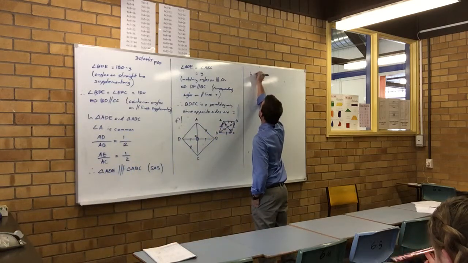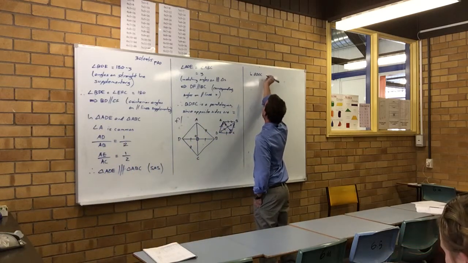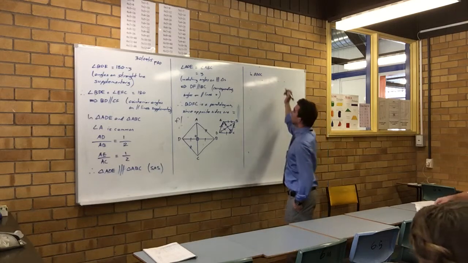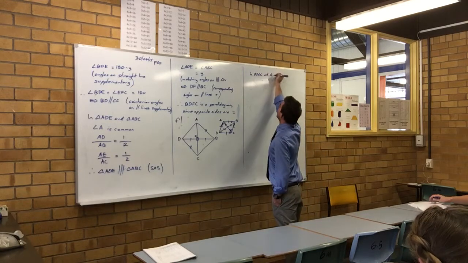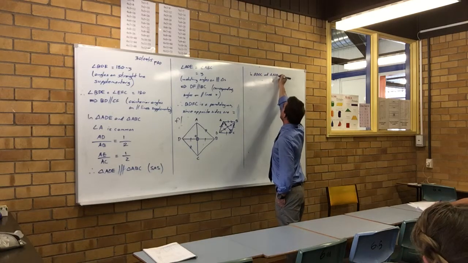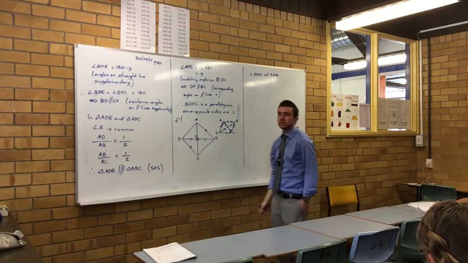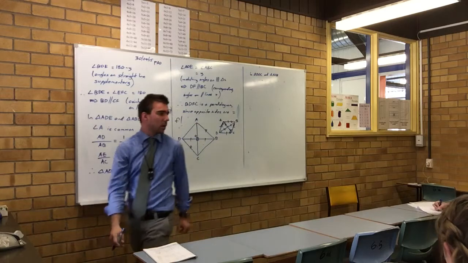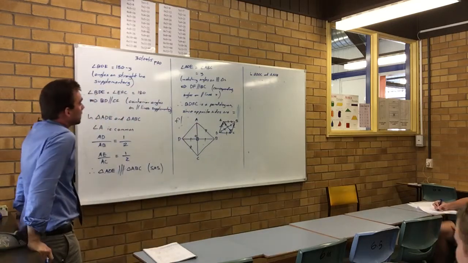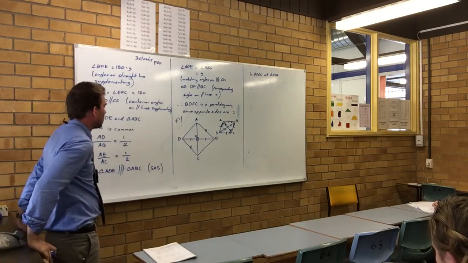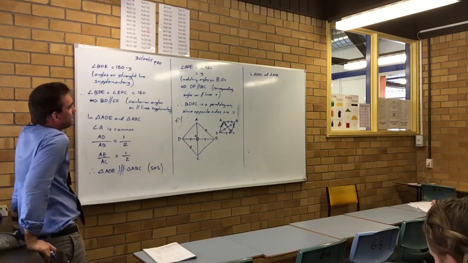So in triangle DOC and triangle AOB, which of the four congruence tests am I going to use? Not side angle side, nope.